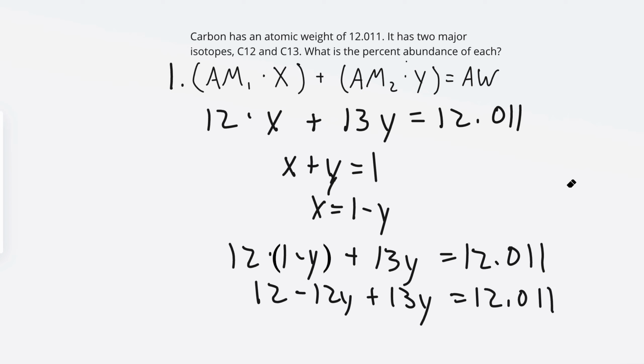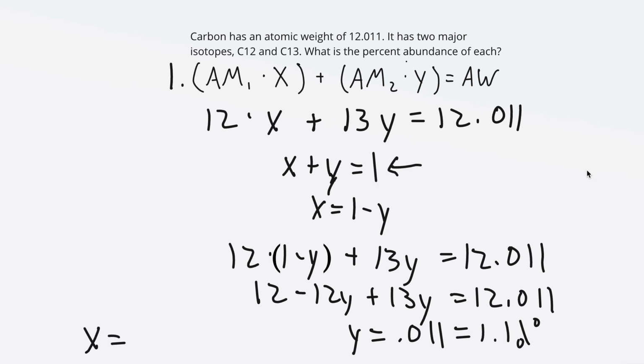And then that'll end up being y equals 0.011, which if we turn that back into percent form is 1.1%. And if you take your answer for y and plug it into the equation where x plus y equals 1, then that's going to leave you with x equaling 98.9%. And both of those percent abundances match the percent abundances of carbon-12 and carbon-13.